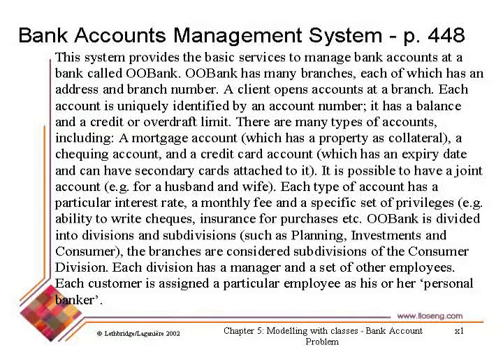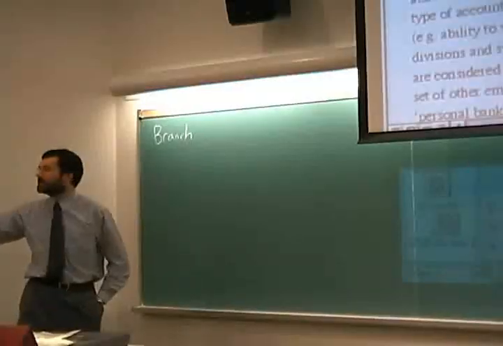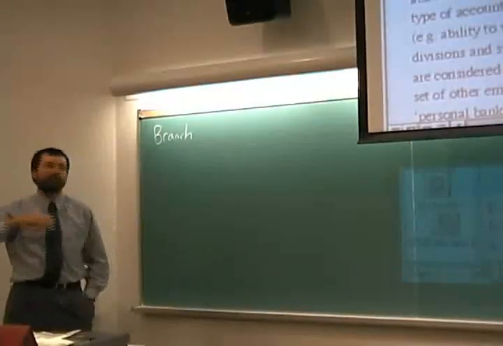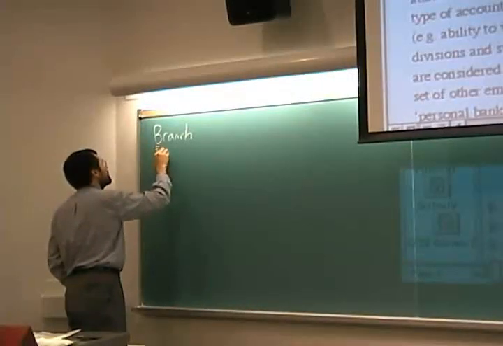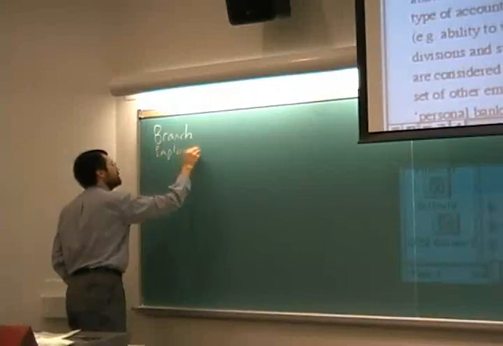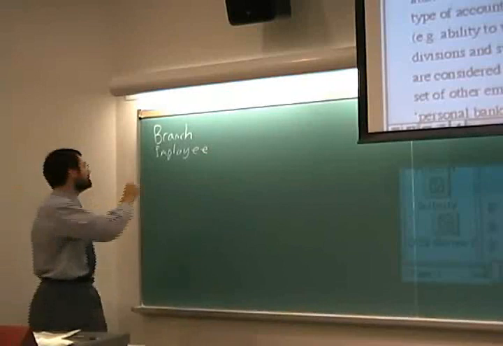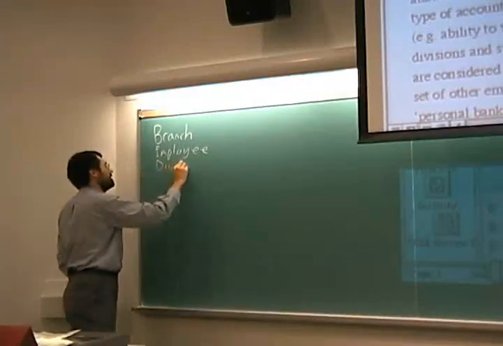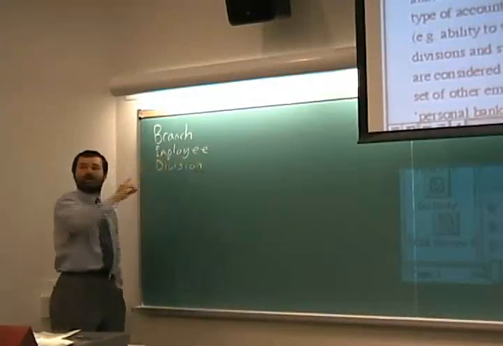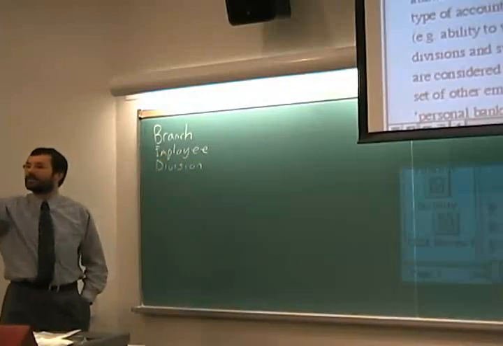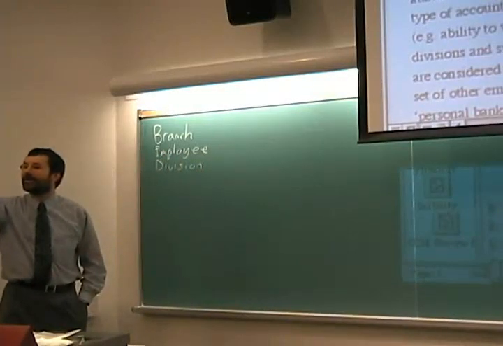Okay, yeah. Branch. Okay. I'm just going to put down whatever you say. Somebody else's hand up in the back. Employee. Okay. Somebody else. Yep. Division. Okay. Interesting, we're starting from the bottom here. Anything else? Yes? Oh, sorry. The two together there, in the far back? Oh, account.